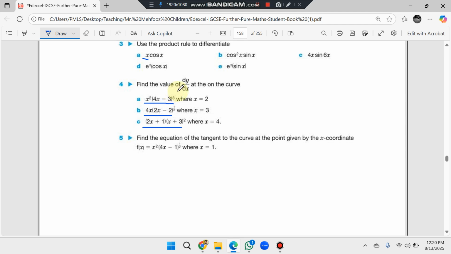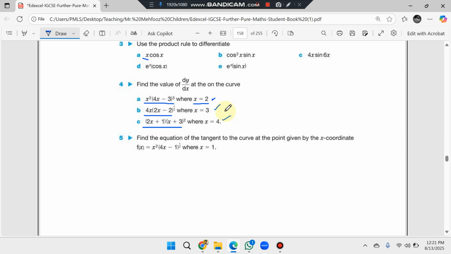After finding the derivative using the product rule, we have to put the values of x, that is 2, 3 and 4, into the answer, and your specific answer will be the derivative at that point, right? These types of questions we have done in previous exercises: first find the derivative, secondly put the values of x into the derivative.